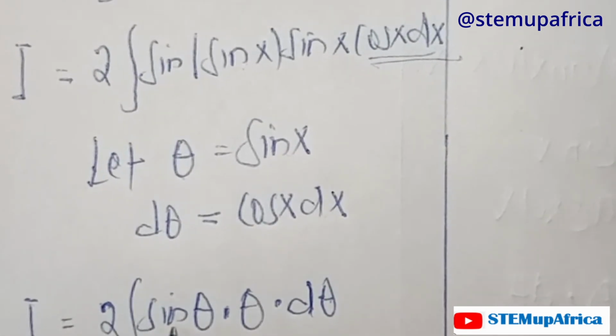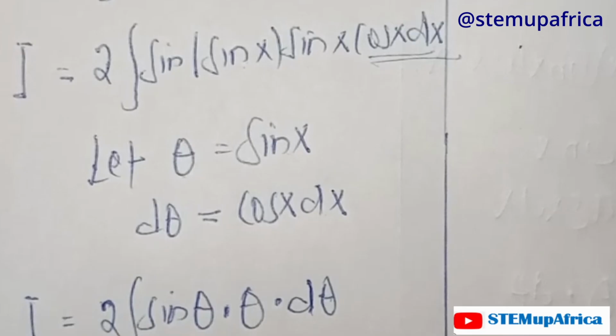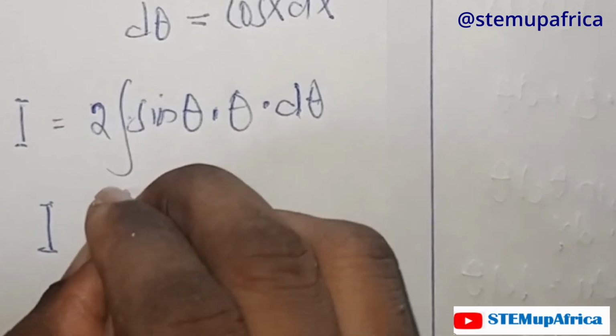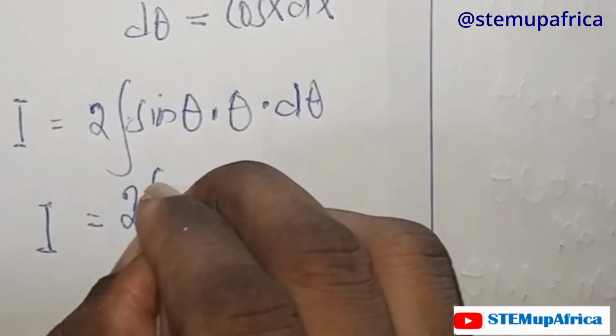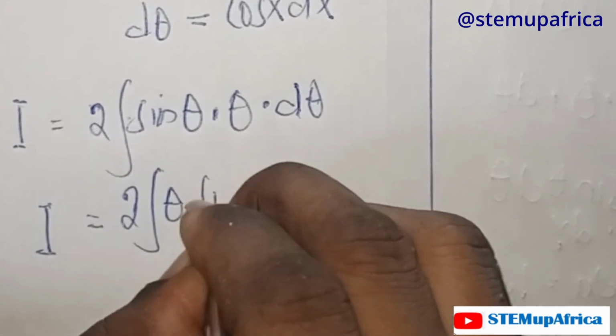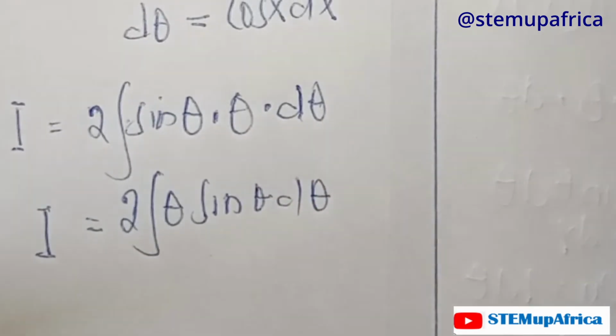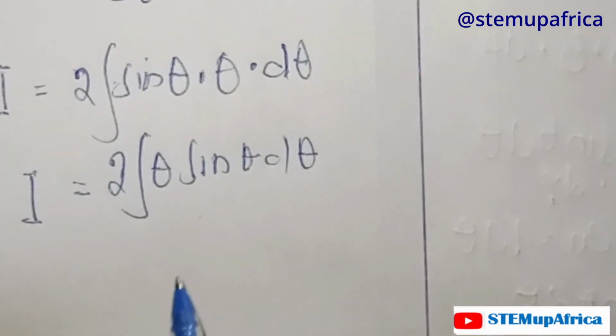So if I multiply sin x with theta, these are two different variables. Theta cannot multiply theta, rather it will come to the front of sin theta. So I'm having 2 times the integral of theta sin theta d theta. So how do we integrate theta sin theta d theta?